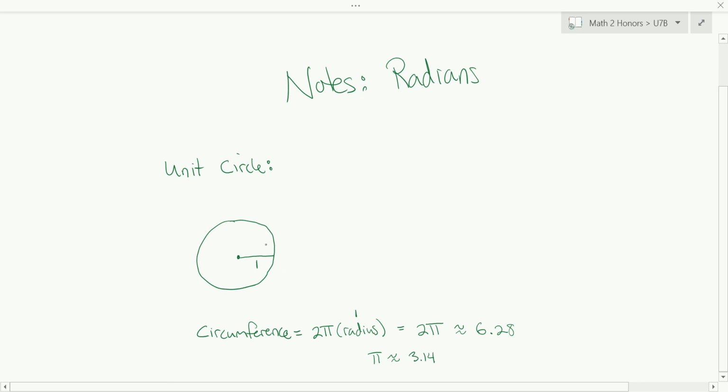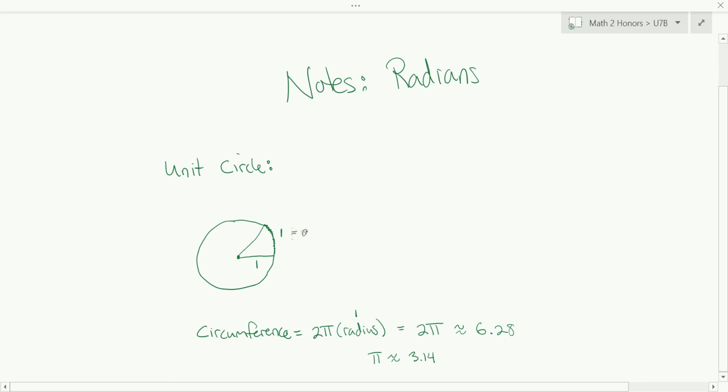Okay. So if I only travel along this circle until I get to a distance of 1, it's only a piece of that circumference. And if you're talking about a piece of the circumference, we call that arc length.